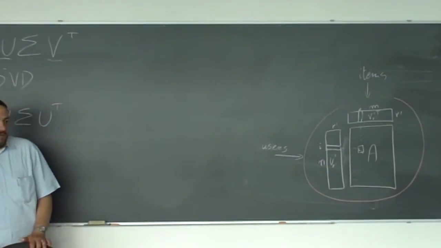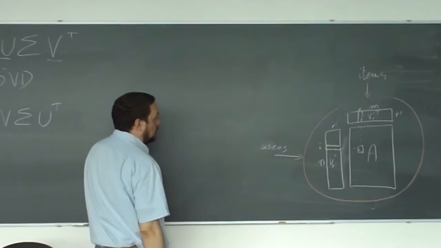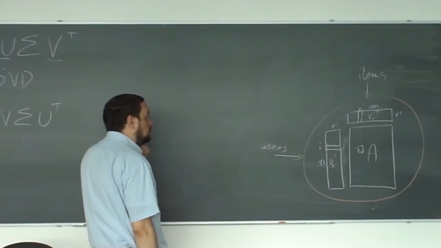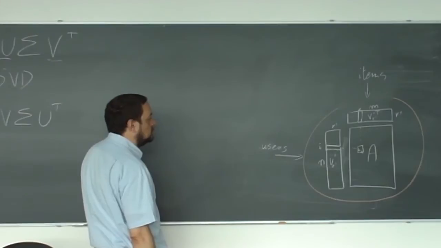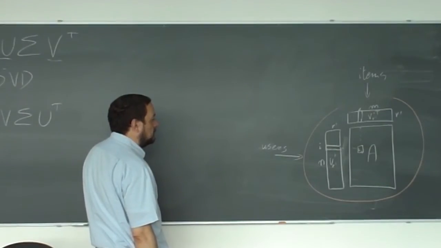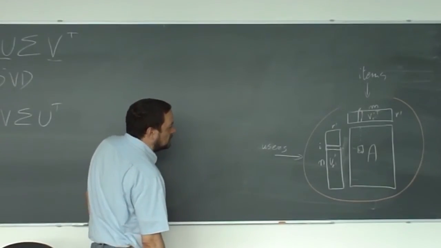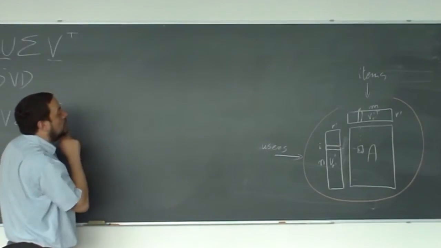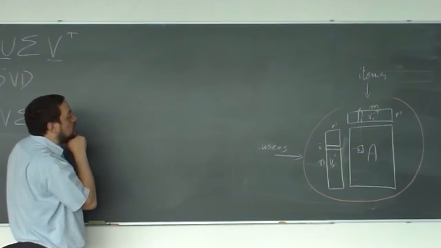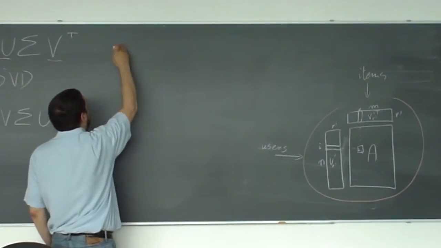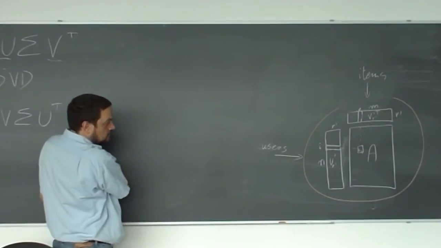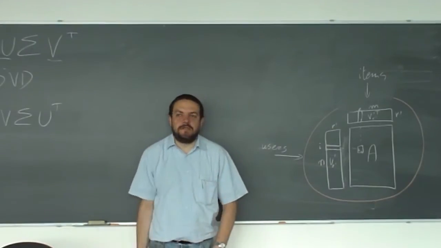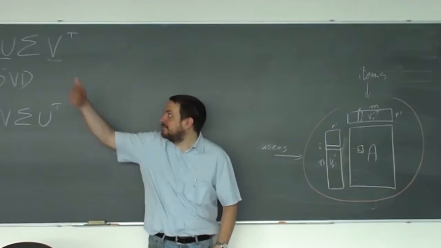So we could simply rename the two matrices. For example, I could call them, okay, users would be U, but U was already taken there.